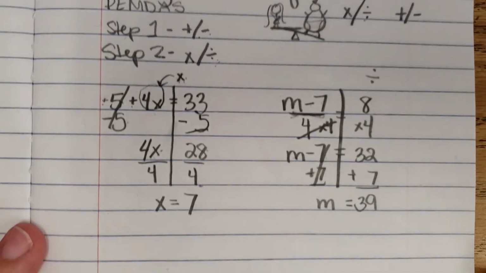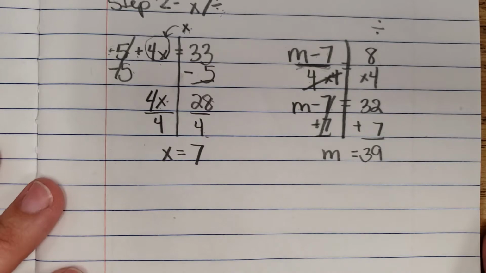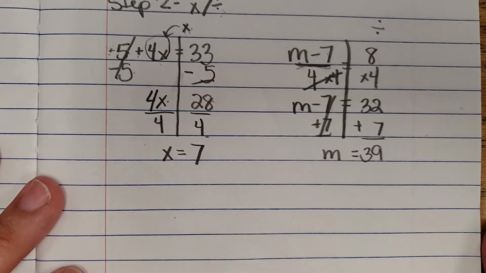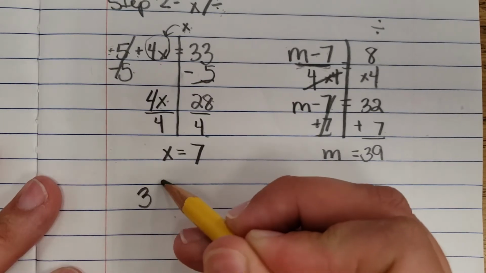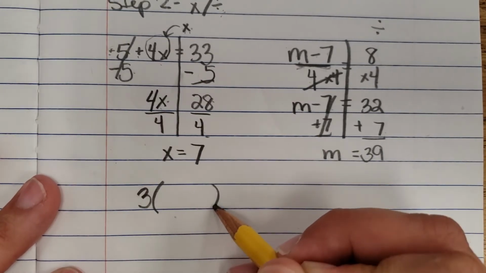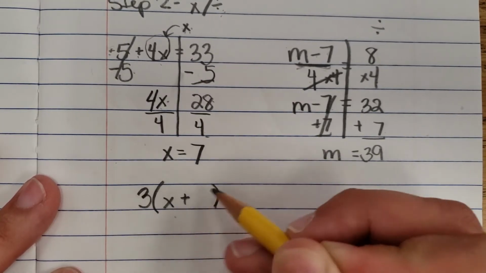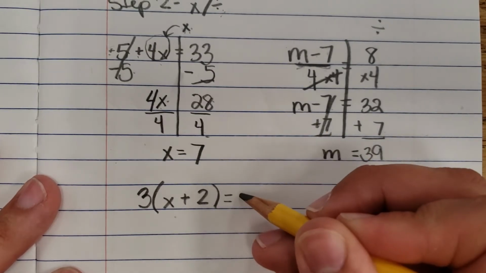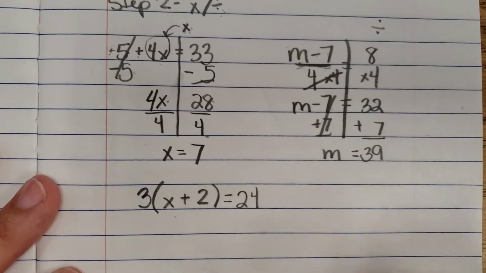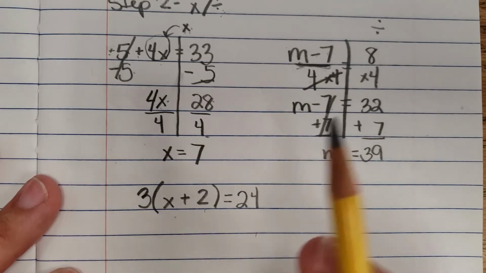Another example of that would be if we had something like 3 and then parentheses, okay, and then x plus 2 equals 24. Okay, so if we're going to do this, there's 2 ways to go about it.